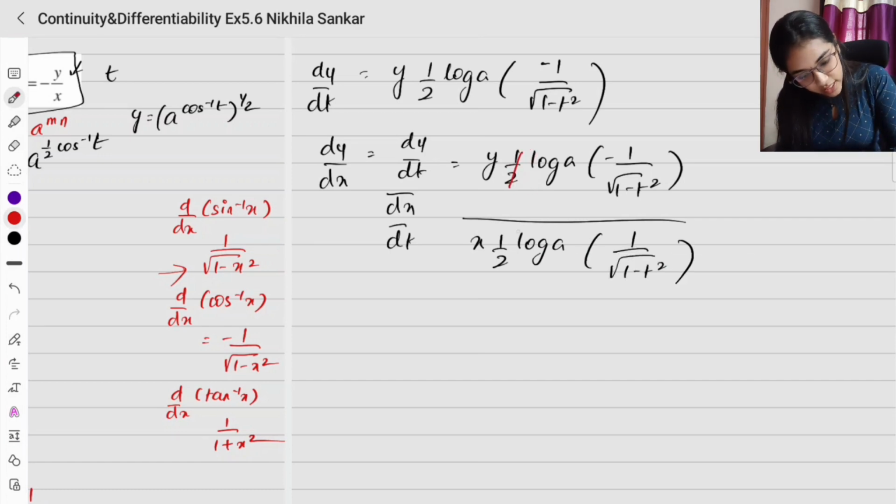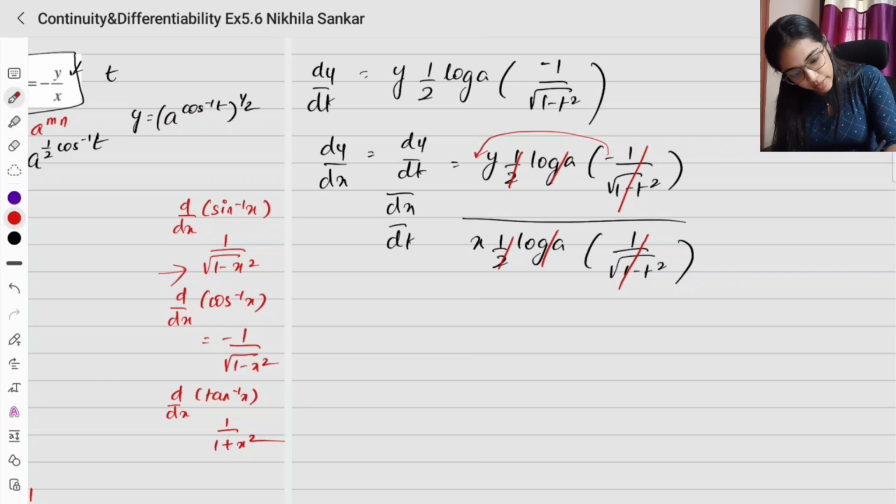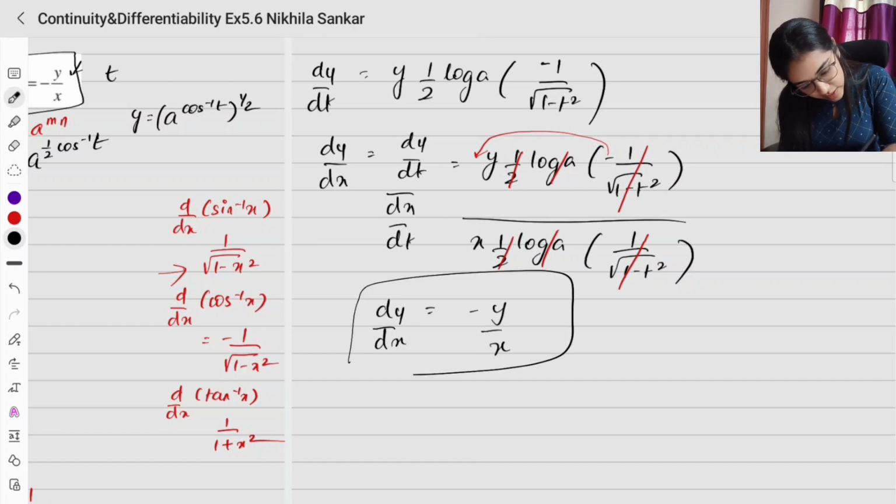You see that the half, the log a, and the 1 by square root of 1 minus t square will get cancelled. I have a minus here, don't miss the minus. I'll be left with minus y divided by x. So this is my dy by dx, and this is what is asked in the question.